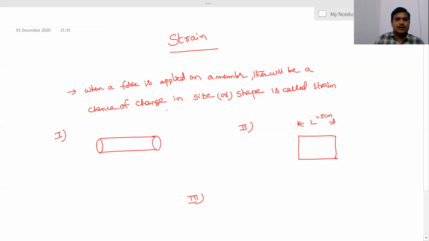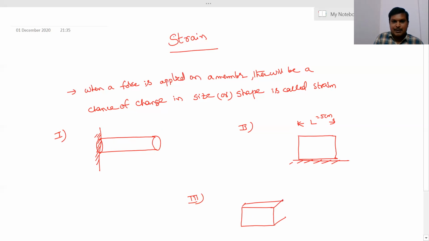When this member is constrained, it is placed on a surface.